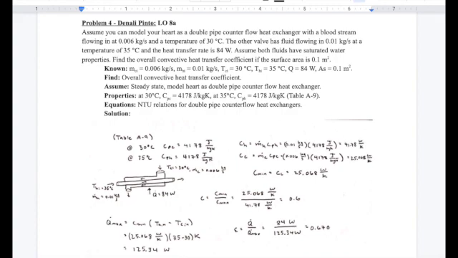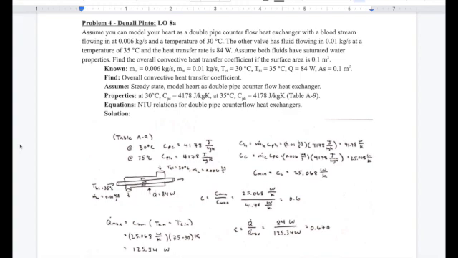Problem 4 covers learning outcome 8A. This problem covers this learning outcome by modeling a double pipe counterflow heat exchanger. The hot and cold specific heats can be looked up in Table A9 at the specified temperatures, assuming the fluid has similar properties to water.